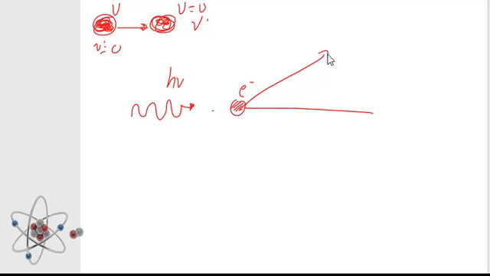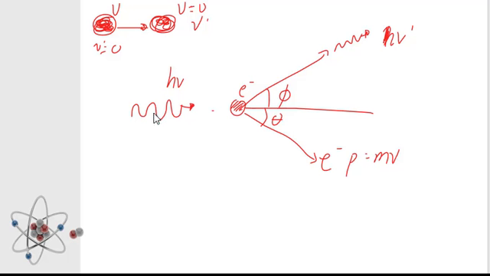So here we have the photon, h mu final, and then the electron will also move, having a velocity and a momentum mv. Now this one has an angle phi, and here we have angle theta. So that is Compton scattering.